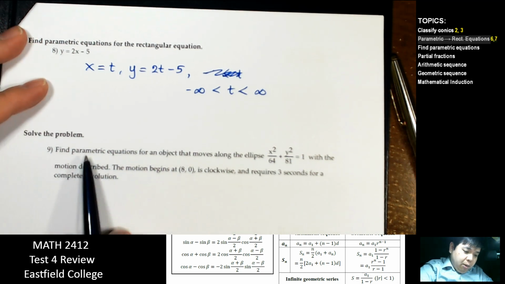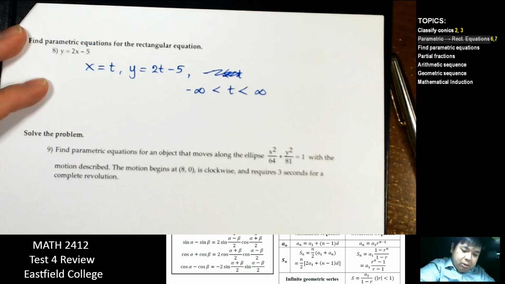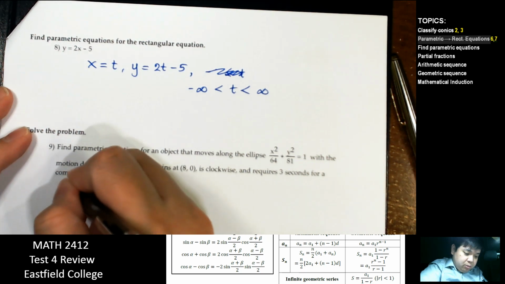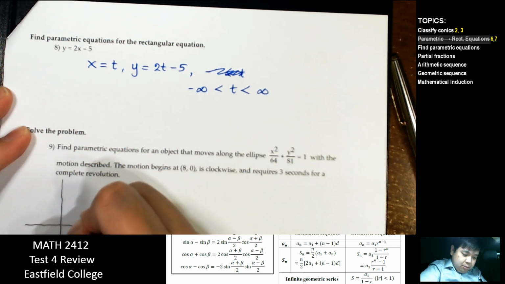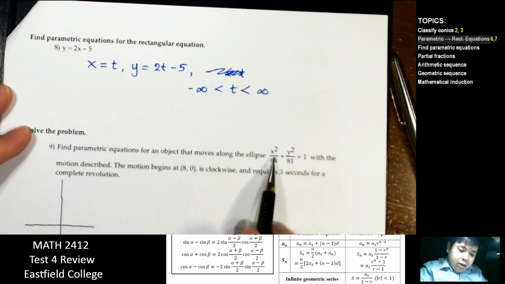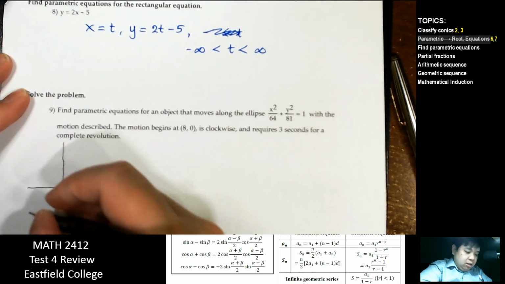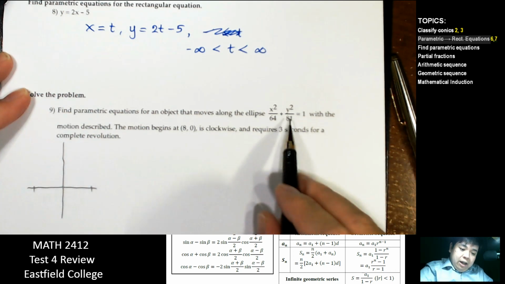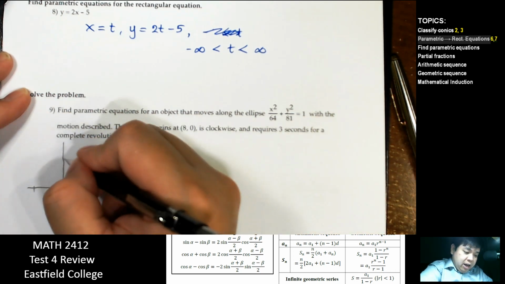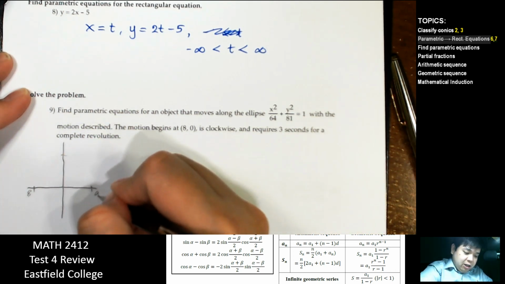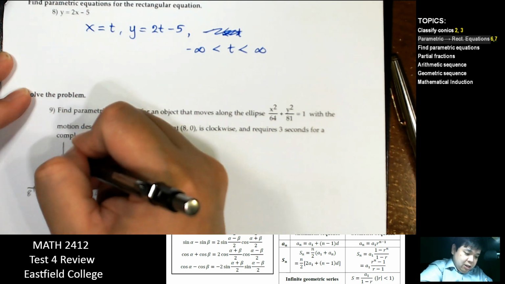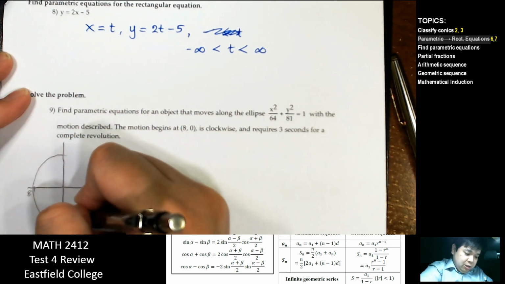Alright, next, parametric equation that moves along the ellipse. I try to sketch this ellipse. 8 units left and right, and 9 units up and down. So this 8 and 9, and the ellipse goes like this.